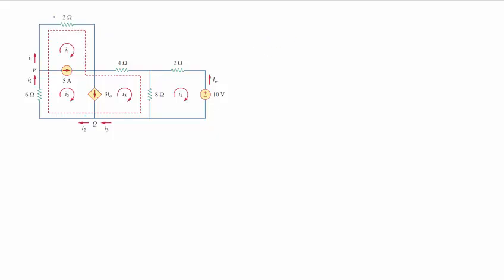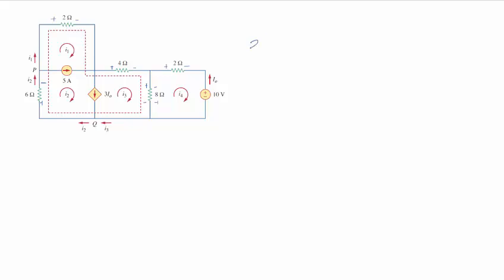So going around, I like putting my signs on just to help me keep track. This is going this way, so this is this way. Okay, so I put my signs on. I'm going to go around the loop.